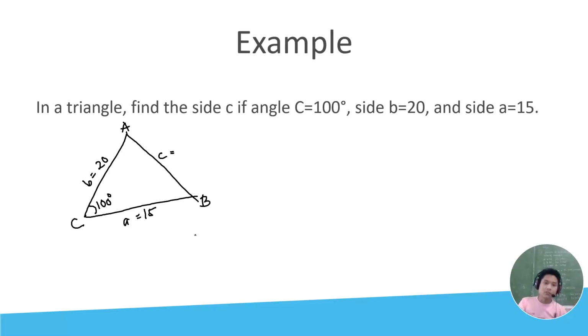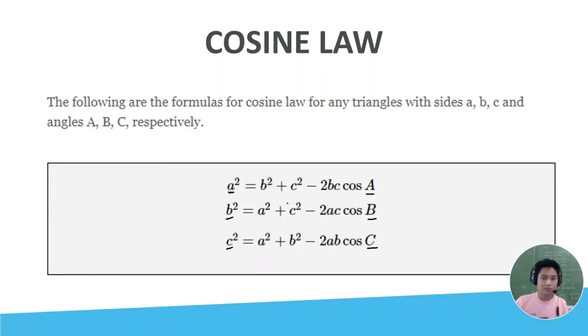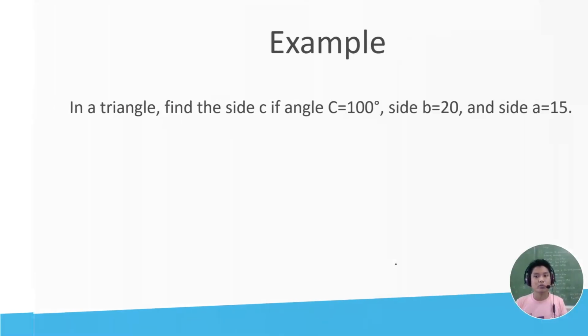Okay, using cosine law, you have to identify first the given and the unknown, so that from the three solutions using cosine law, you can identify which solution is the most convenient, so that you can simply substitute all the given and determine the one unknown.